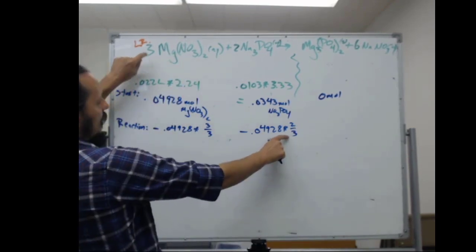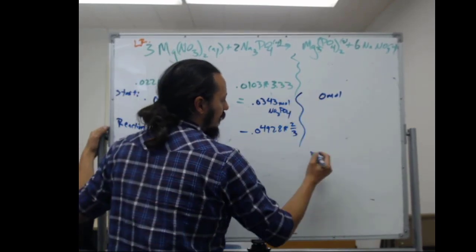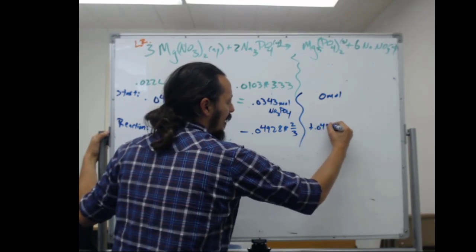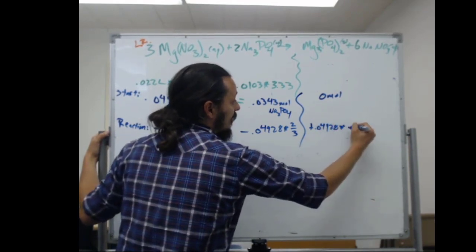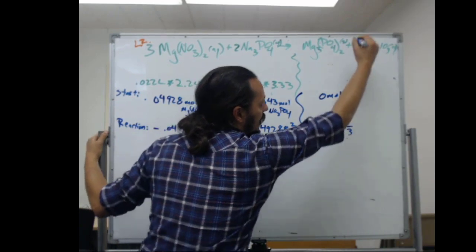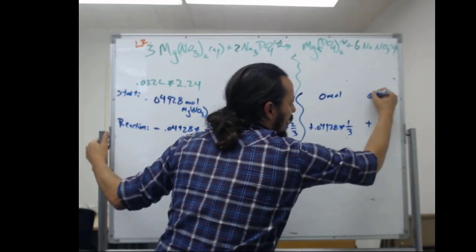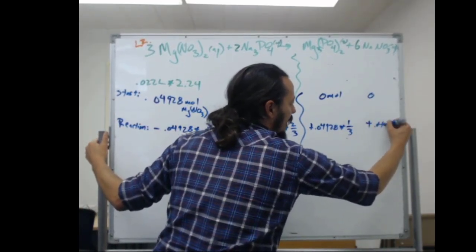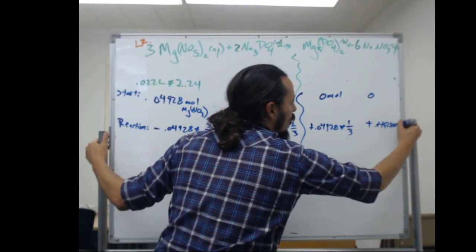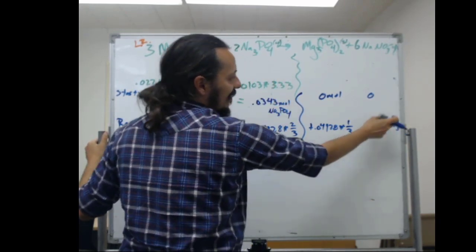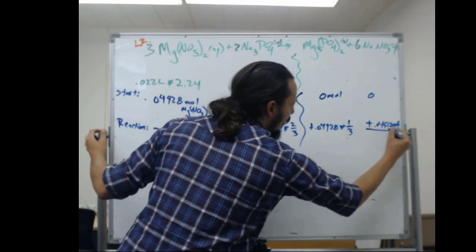Notice the coefficient of the limiting reactant is on the bottom. Plus 0.04928 times 1 to 3. And we can do this one as well, 0.04928 scrunched in the corner, 6 to 3. Now this last one doesn't matter. There's nothing in the question about it.